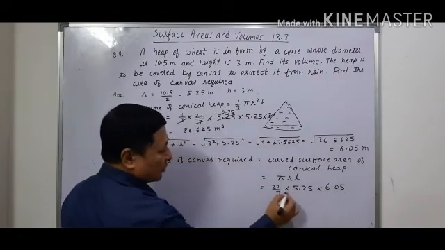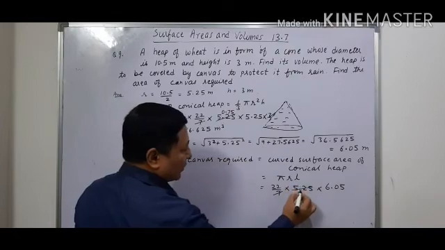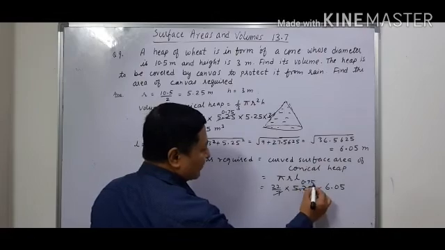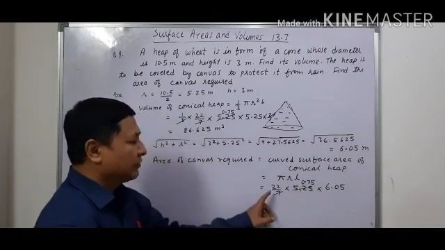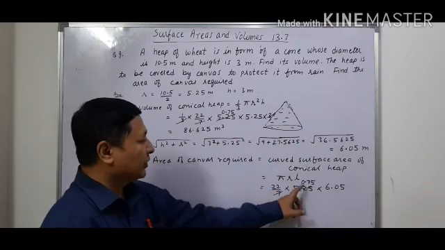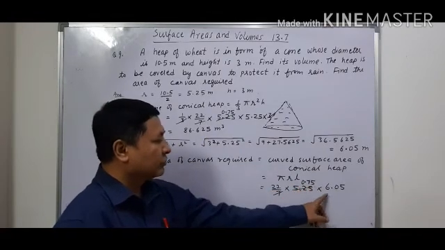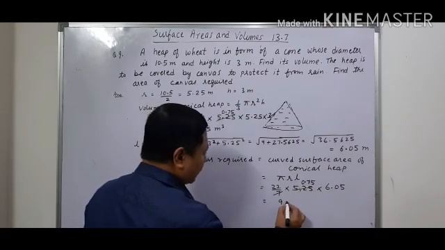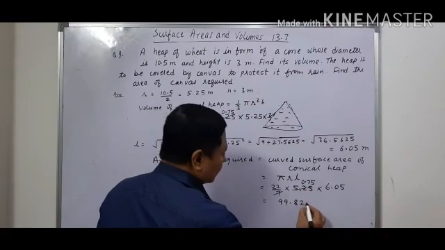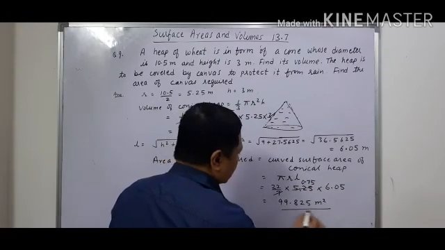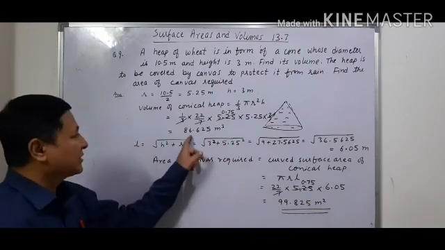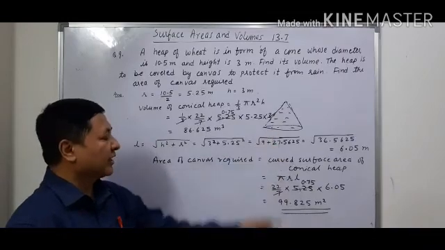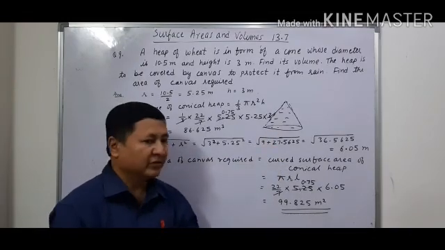With 5.25 divided by 7, it becomes 0.75. So now when we solve it, it is 22 into 0.75 into 6.05. When we multiply, we get the answer 99.825 meters square. So the volume of the conical heap is 86.625 meter cube, and the area of canvas required to protect it from rain is 99.825 meters square.